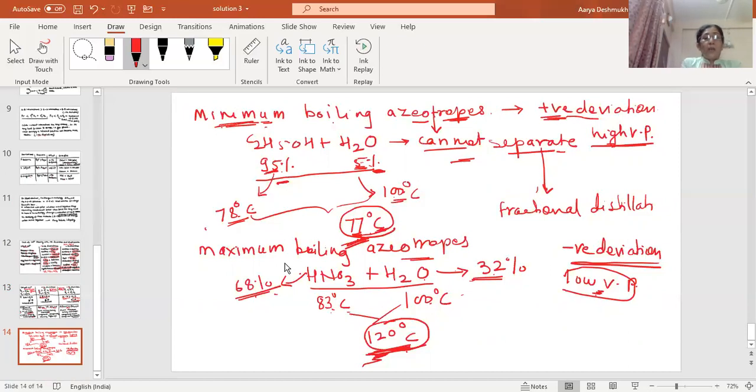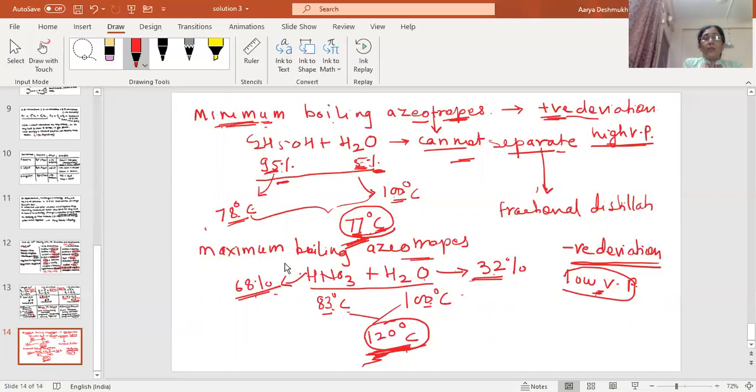Now there are maximum boiling azeotropes also. Suppose you mix HNO3, 68%, and water, 32% in composition. This is the boiling point of nitric acid and this is of water. So when it reaches this composition, 68% HNO3 and 32% water, there would be an increase in the boiling point of this mixture, which increases from these values to 120 degrees Celsius.